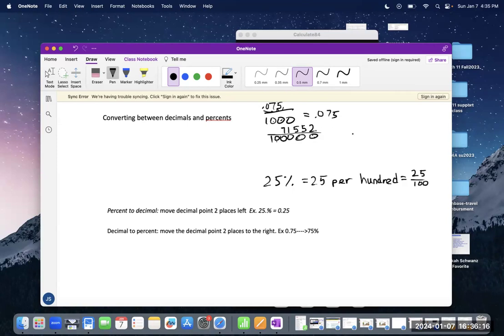To perform that division, I would move the decimal 1, 2, 3, 4, 5 places, so it would become 0.00071. Anyway, so 25 per 100, there are 2 zeros in the denominator, which means I'm going to move the decimal to the left twice. So it's 0.25.